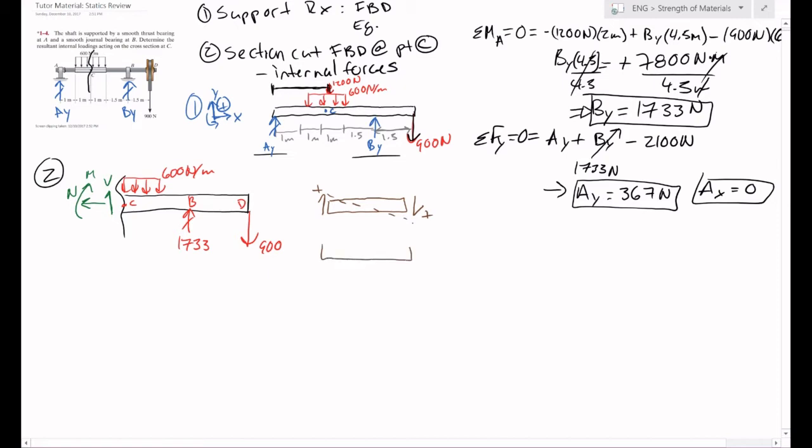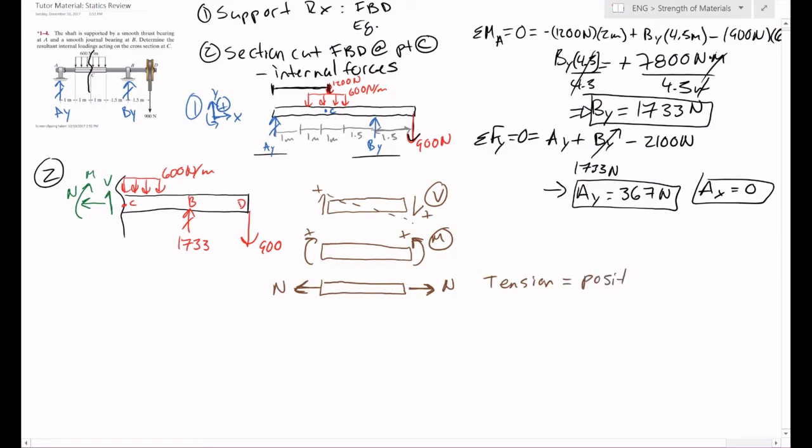For our moments, we have them both kind of being a couple moment. Just like that. That's our moments. This is our shear. And then normal, and we'll see this sign convention. Normal or axial forces are drawn positive when the member is in tension. So this will continue, tension, positive, compression, which would be going that way. Compressing the member would be considered negative.